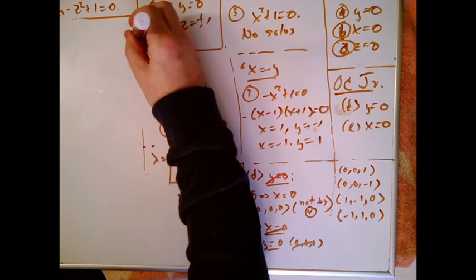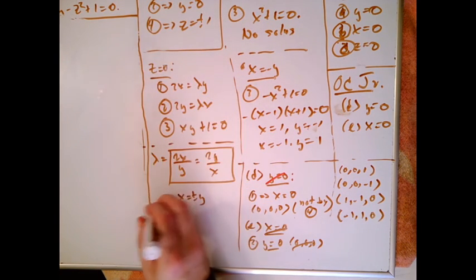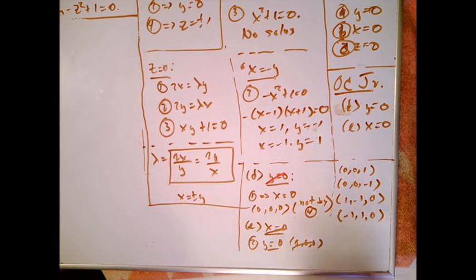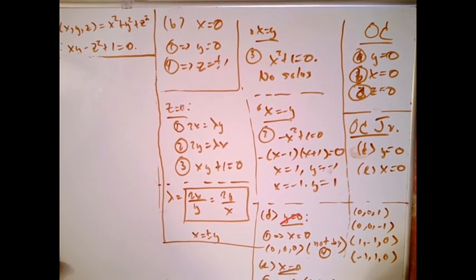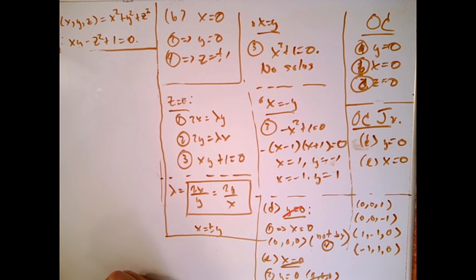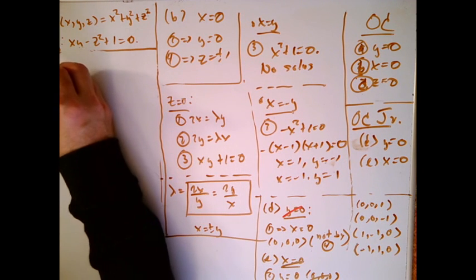How do we finish the problem? Well, we know that our function, which is x squared plus y squared plus z squared, has to have a maximum or minimum at these values. So all I'm going to do is make a little table.